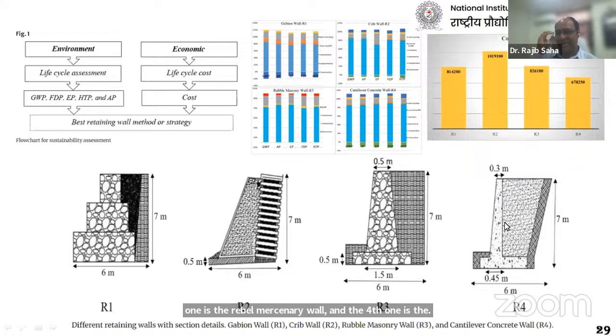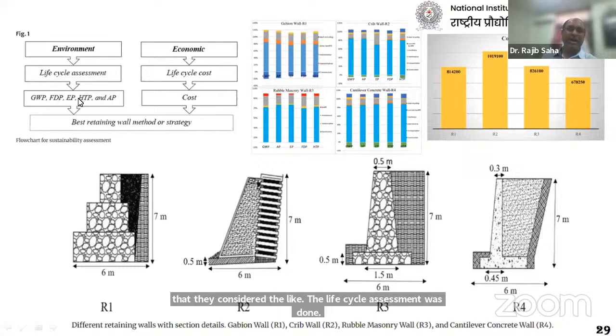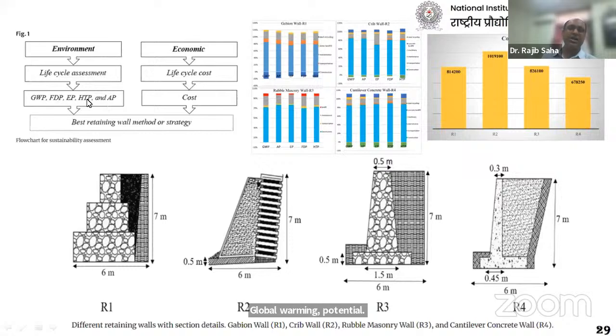Now, what did this particular study do? They tried to find out the sustainable merits, that means life cycle assessment from the point of view of environmental factors as well as economical factors. I'm just coming to the conclusive part. When the life cycle assessment was done, they considered global warming potential, human toxicity potential, acidity potential, FDP, that is forensic damage potential.